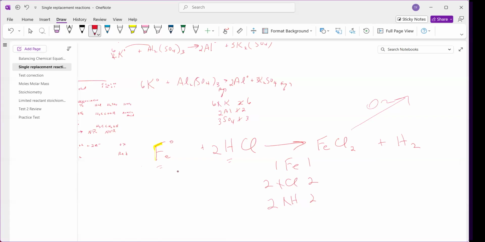Okay, how do you guys feel about single replacement reactions? Now you're going to practice it a lot in lab today and tomorrow. So what I want you to do is when you do the reaction, you can do it in a spot plate. I want you to predict whether it'll happen or not. Predict, then do it.